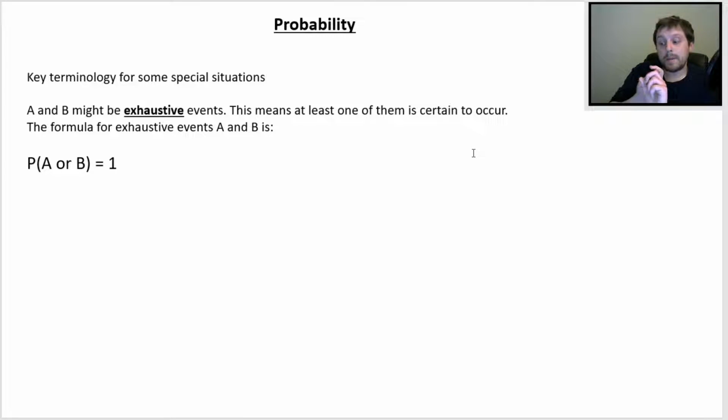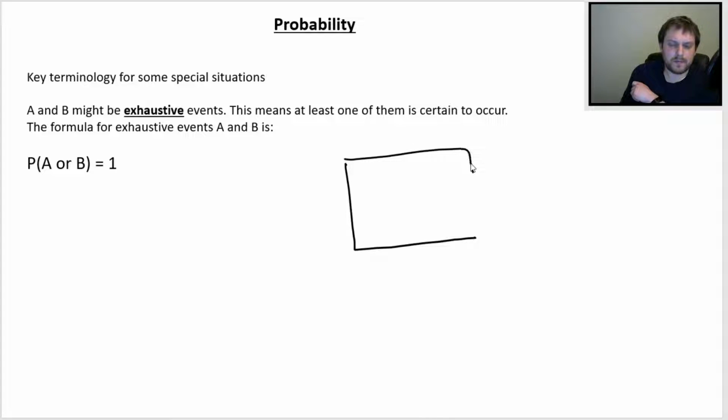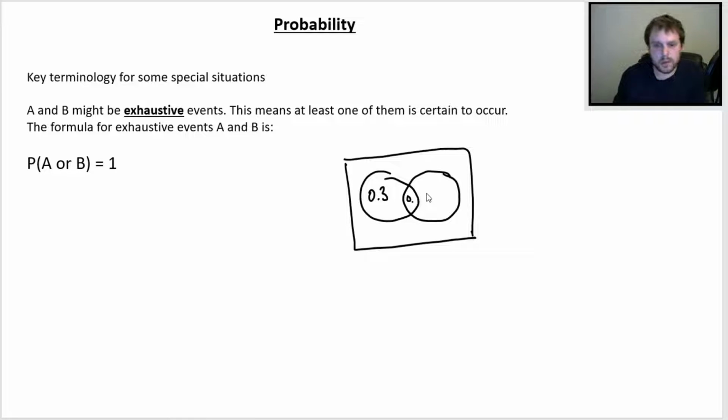It's saying that sometimes we might get A, and maybe sometimes at the same time we might get B. But if we don't get A, then we will get B. And if we don't get B, then we would have definitely gotten A. So for example, a Venn diagram that could look like this. So this would be exhaustive. This would be an example of exhaustive. So maybe I've got 0.3, 0.2, oh, I should have drawn this a bit bigger.